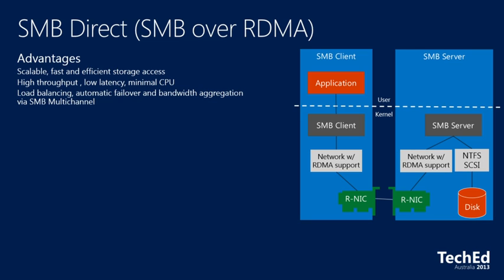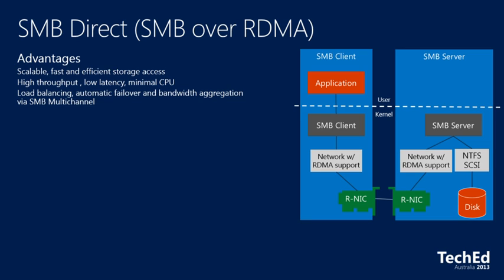Super high bandwidth or throughput, very low latency, and your machine running them will have very low CPU because they are NICs with CPUs on them, doing most of the work through RSS, through offloading, through their own little tiny brains. It gives you load balancing and automatic failover. We have multi-channel that I'll get to in a second.